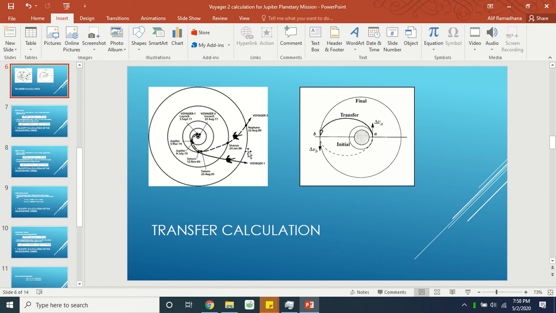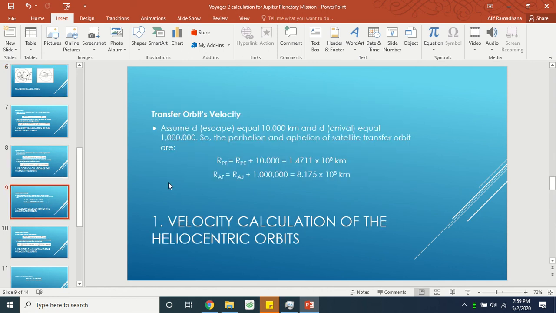So from these parameters, we also need to determine the distance for the satellite to escape from the Earth, and the distance for the satellite to enter Jupiter. We will call it D. We assume that the escape is equal to 10,000 kilometers from Earth radius, and the arrival is equal to 1 million.